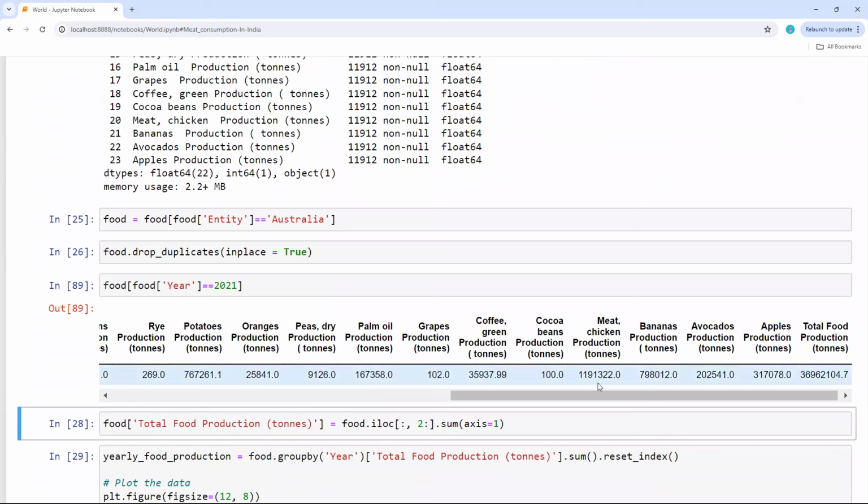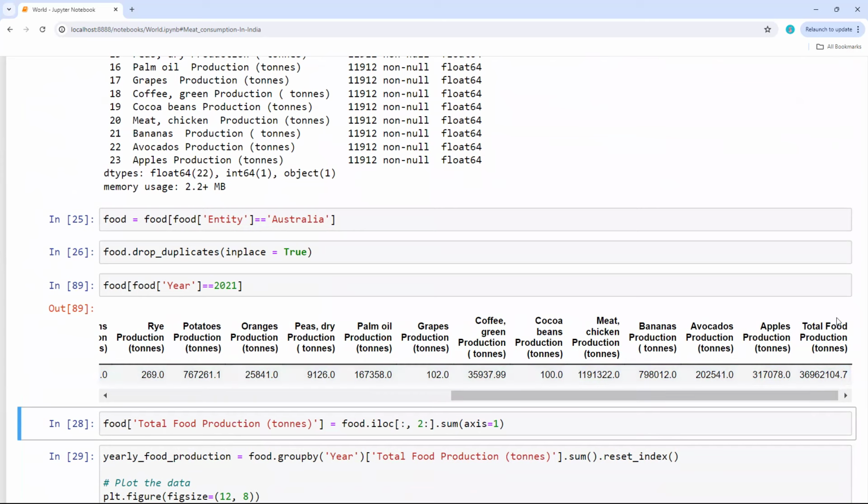Here you can see chicken production is 11 lakh 91,000, 1.19 million. Meat production and banana production is like 79k tons, and avocado production is 202k, and apple production is around 317k. So that is about all the food grain production details from Australia.